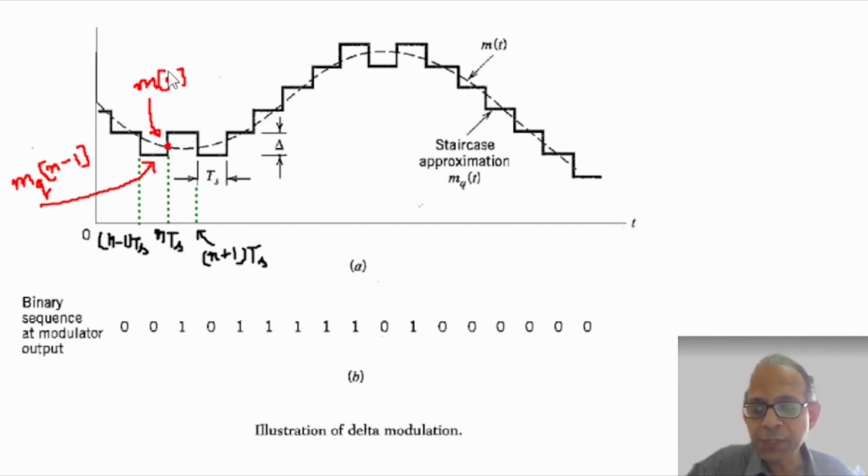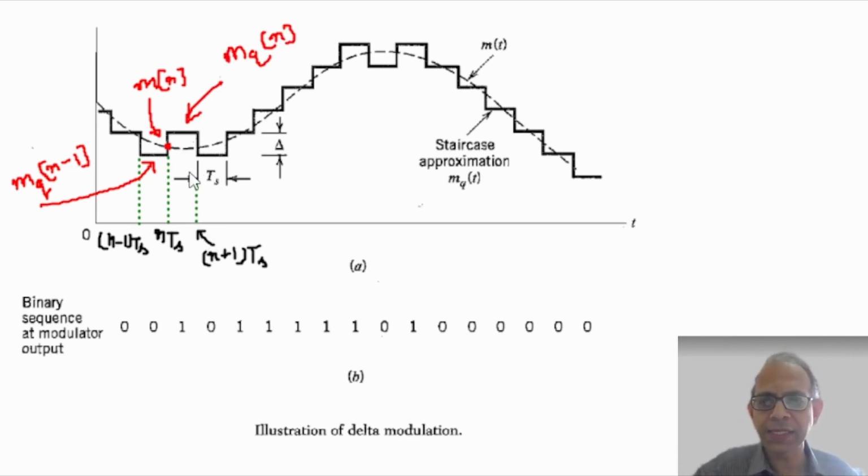Now, the difference between the actual sample value and the predicted sample value here is positive, and therefore our next prediction, the prediction for the next sampling instant (n+1)Ts, will be the previous prediction plus some constant delta, which is called the step size, and that makes mq[n], which acts as the prediction for the next sampling instant.